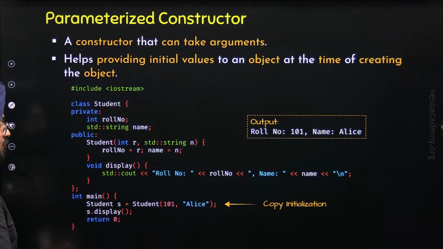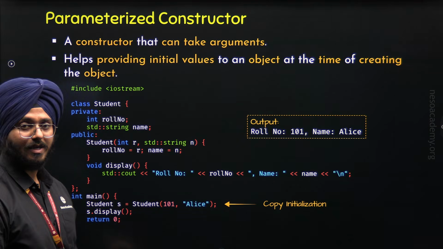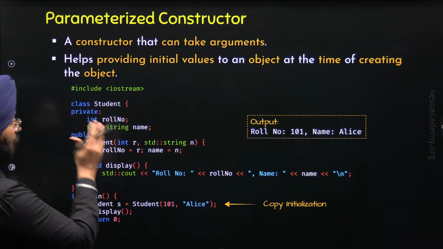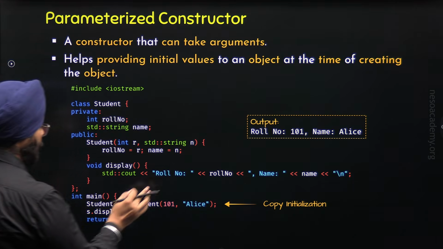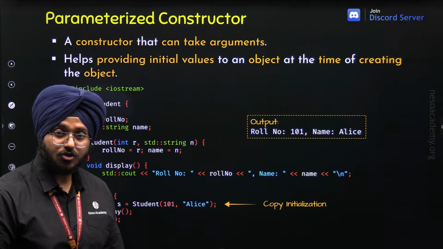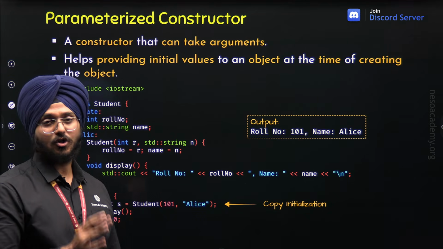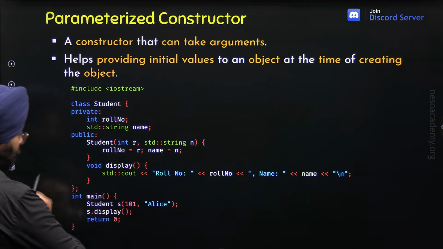Now I would like to mention that this is not the only way of initialization. This is even not the preferred way of initialization. We should not use the copy initialization to initialize objects. We have another way of initialization which is called the direct initialization. This is how the direct initialization looks like.